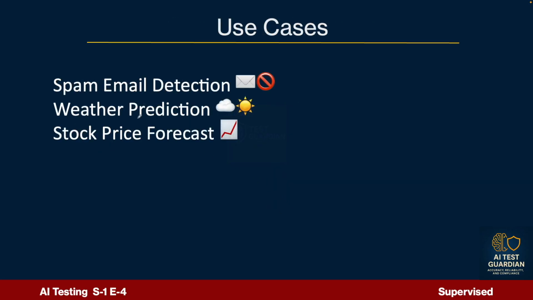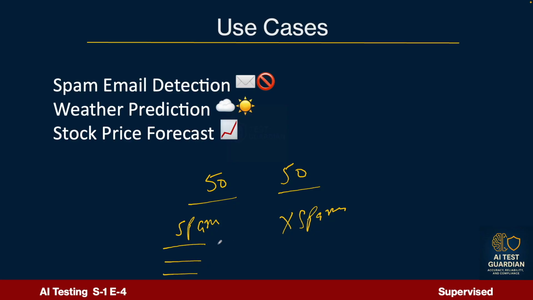Now, what are the use cases? Use cases are spam email detection, weather prediction, and stock price forecast. Such as in spam, you provide, for example, 50 emails which are spam, and 50 which are not spam. With each, you explain what attributes make it spam, and then the machine learns from this data.